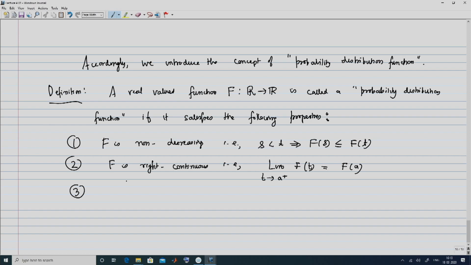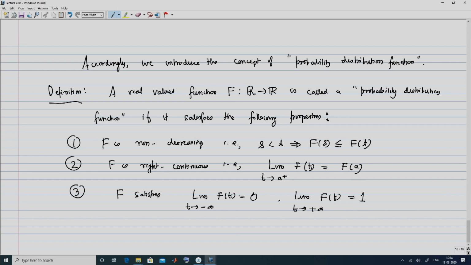And the last property is that F satisfies limit F of t as t tends to minus infinity is equal to 0 and limit F of t as t tends to plus infinity is equal to 1.